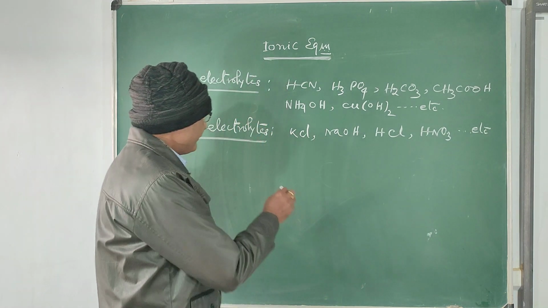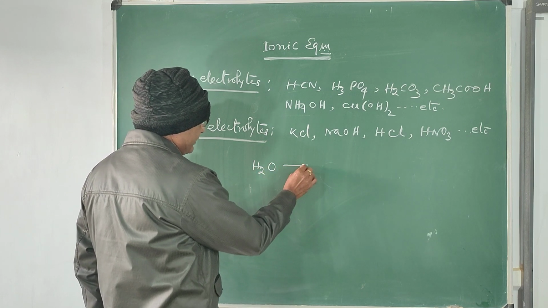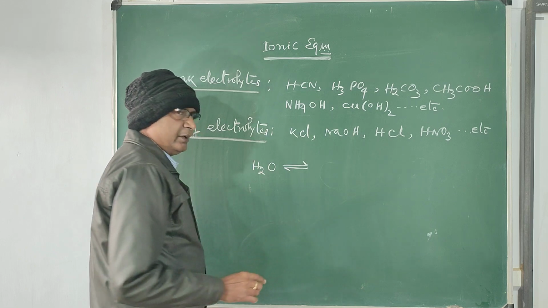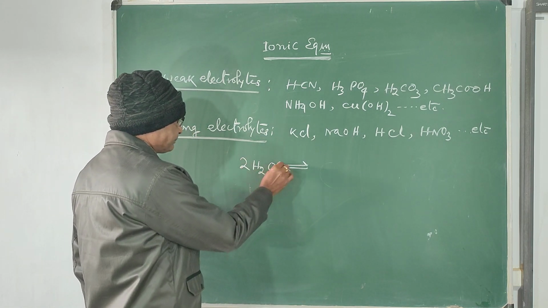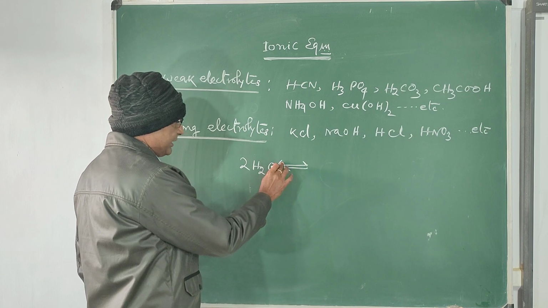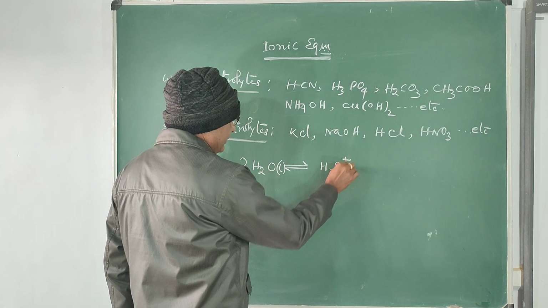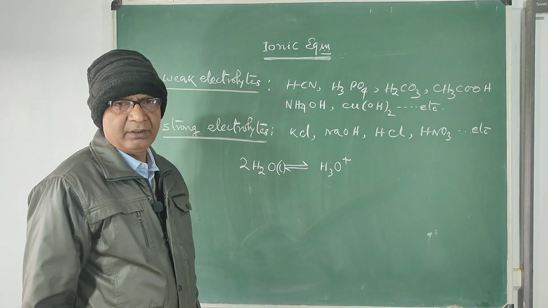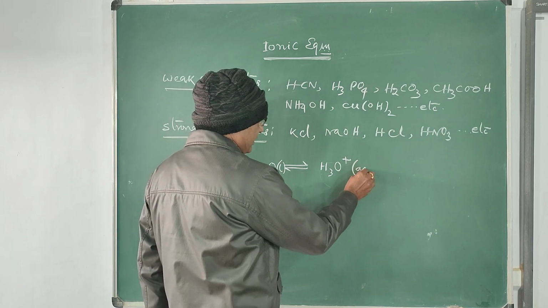You know that water is a very, very weak electrolyte. So water dissociates into hydronium ion and hydroxyl ion.